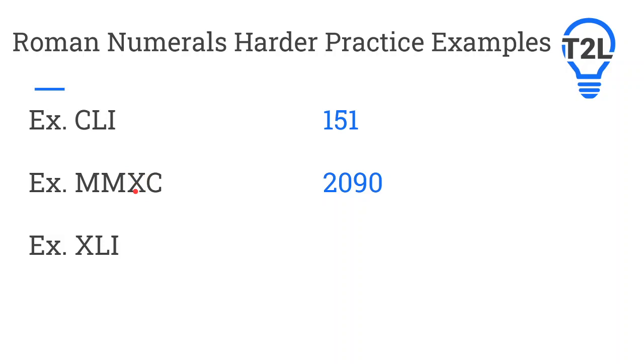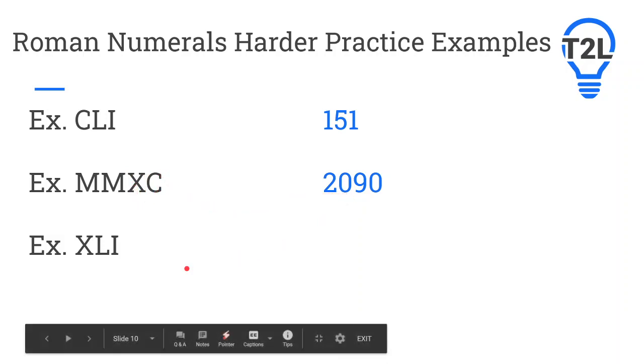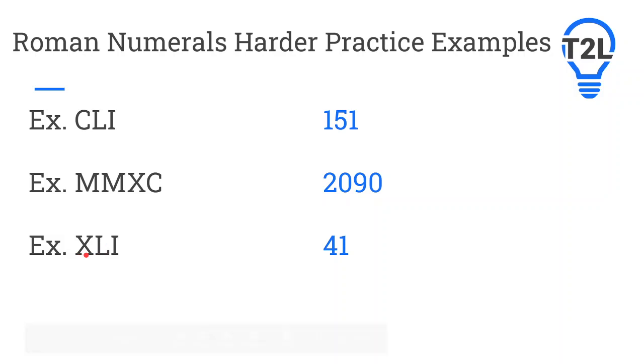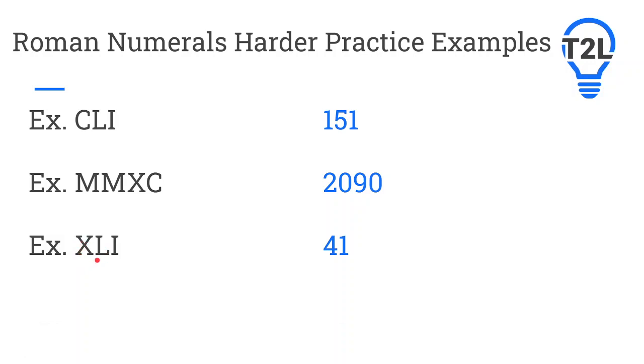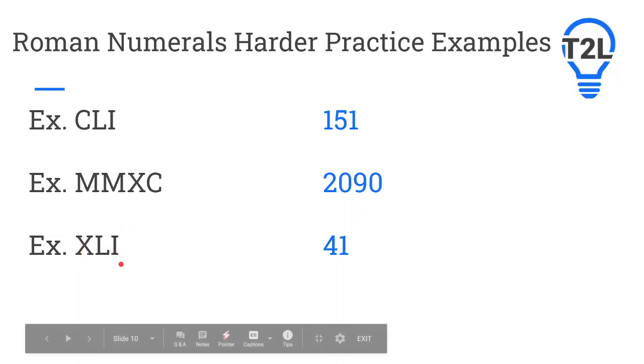Or you could think of it as 10 before 100, which is 90. And then with the same sort of thing with the third one, X is before L, which is bigger. So L is 50, so X before 50, or 10 before 50, is just 40, and then you have the I at the end, which is just 41.